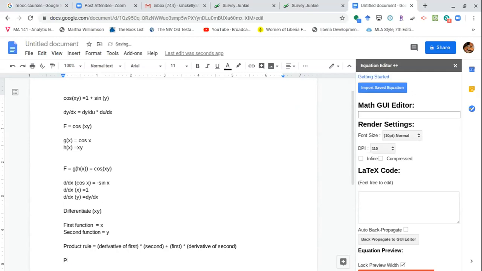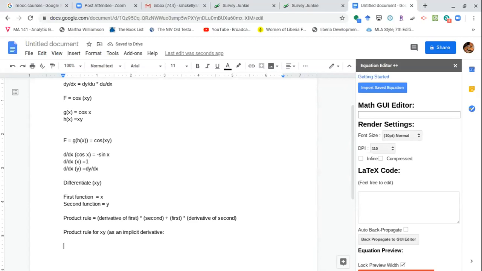So the product rule for xy, as an implicit derivative, is going to be the derivative of the first function, the derivative of x with respect to x, times the second one, which is y, plus the first one, x, times the derivative of the second one, d/dx of y.